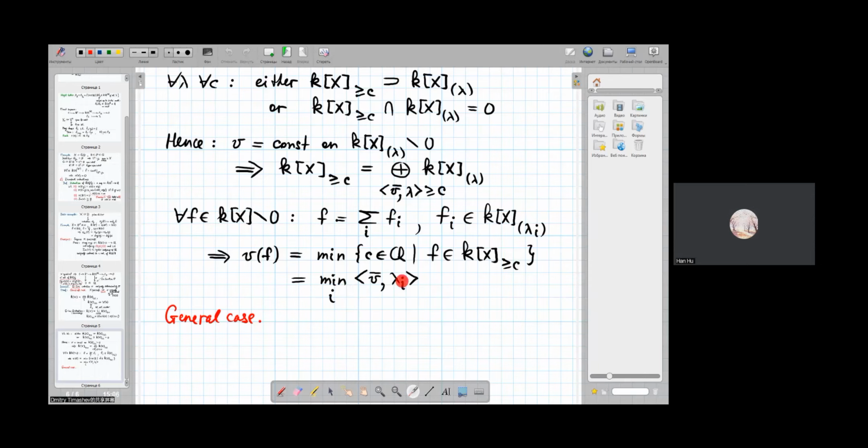We take the minimum value. So if you have two different lambda i's with the same value of v bar, then the minimum is just equal to each of these values. And here also you have both subspaces in here. I claim that this equality stems from this decomposition.